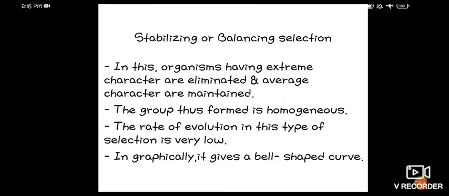The first one, stabilizing or balancing selection. As its title indicates, it stabilizes or balances some kind of genes or traits within the population. In this kind of selection, the organisms having extreme characters are eliminated and the average characters are maintained.